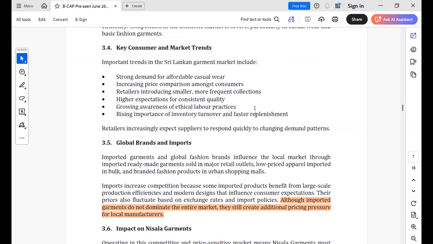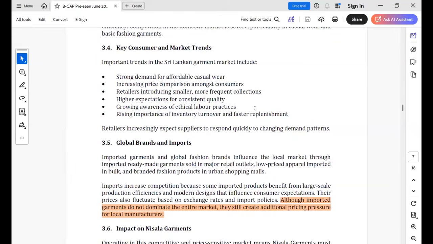Ethical business practice includes ethical labor practices as well. So you must pay them reasonable salary and all basic facilities, even more than the basic facilities, right? The final customers, the consumers, want to make sure that you have hired them within the legal framework, right?